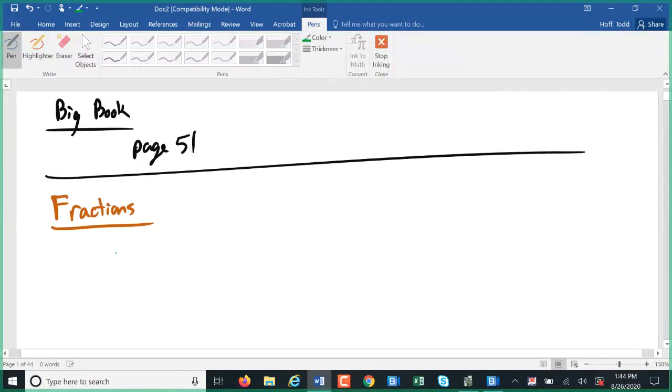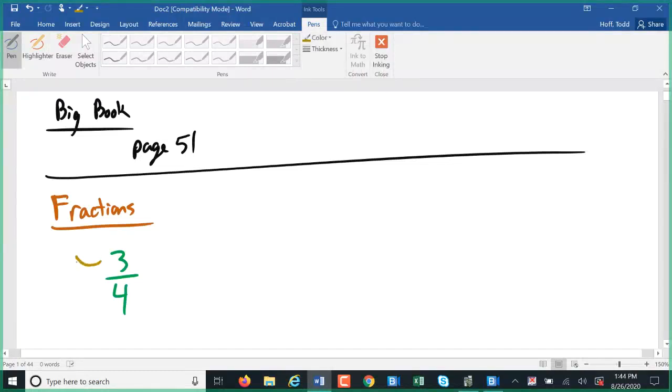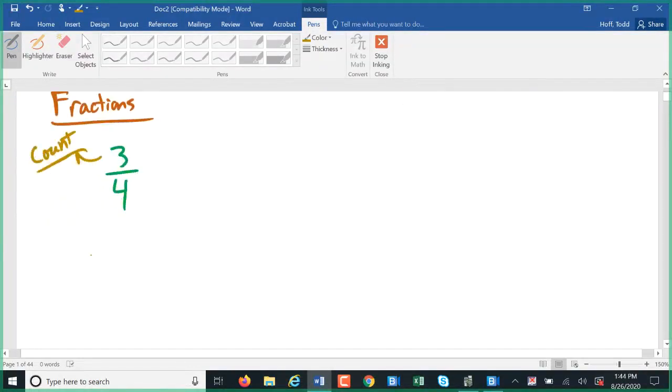We talked about having something like 3/4 and how that top number was a count. That's telling us we have 3 of something, just like having 3 inches or 3 cows. We have 3/4 here. The 4 is the name. Just like the inches or the cows, we have fourths.